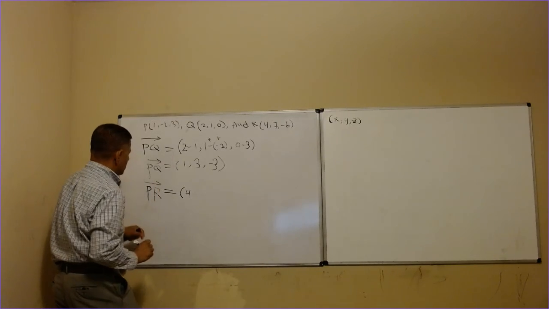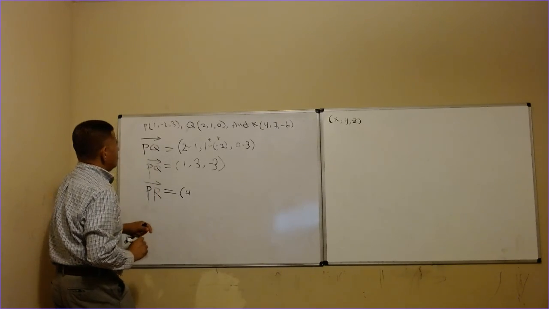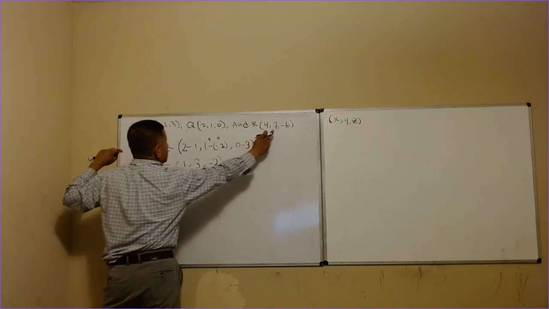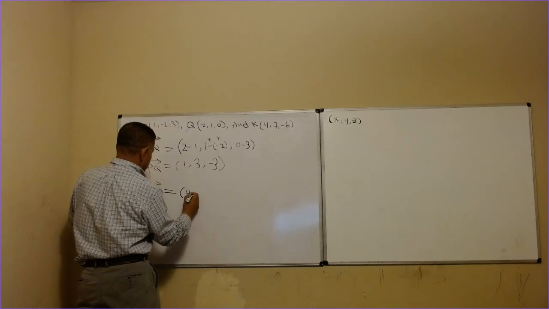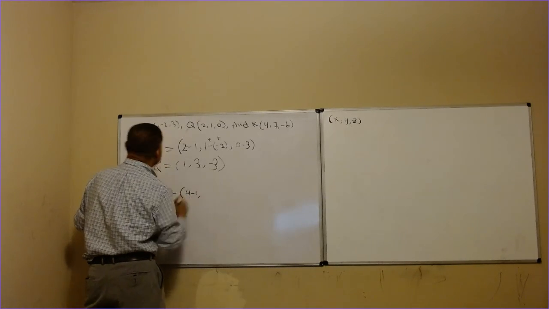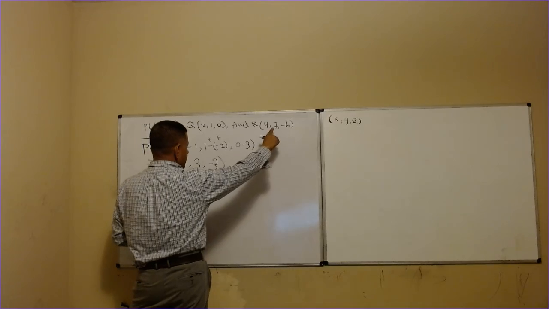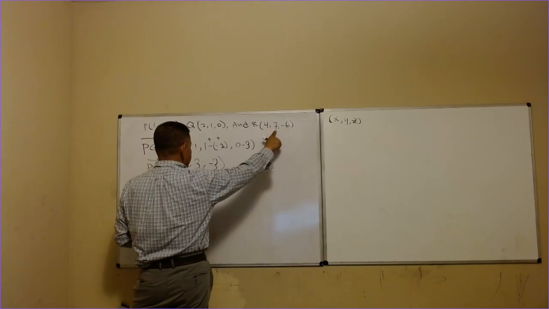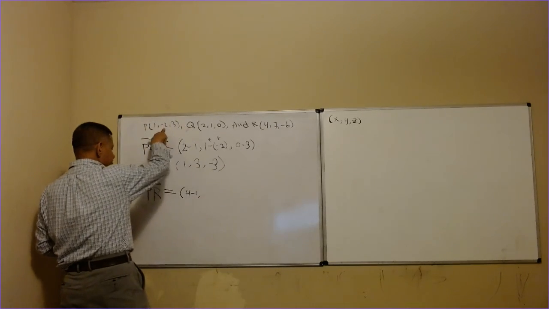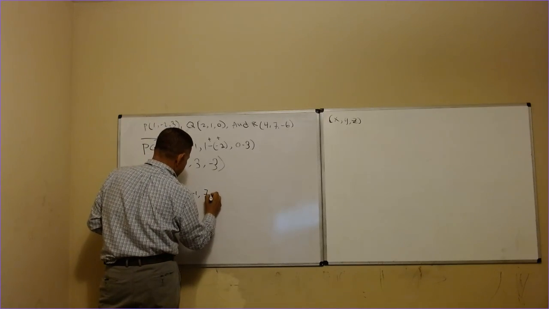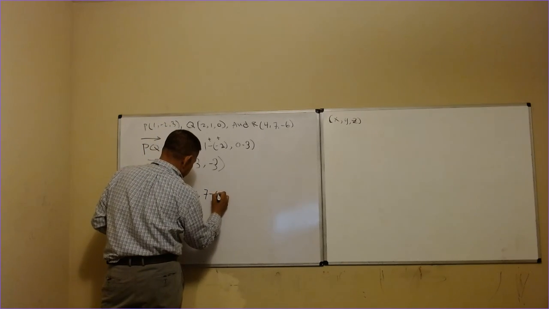All right? Now, what is my next value? It's final minus initial. Again, it's 1, comma. Second, I got 7 minus a minus 2, right? So I got 7 minus, again, a minus 2.